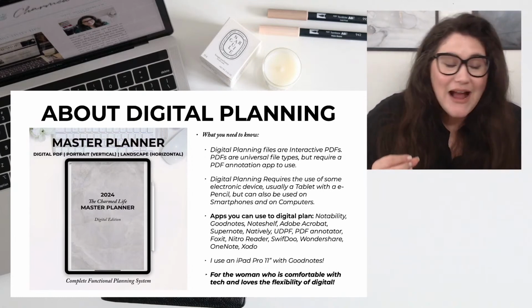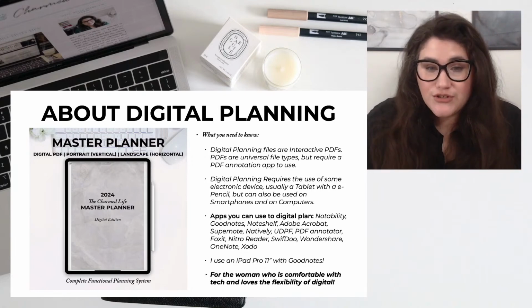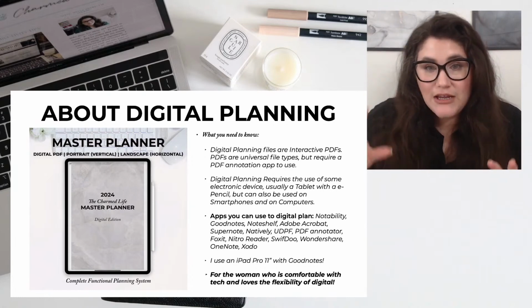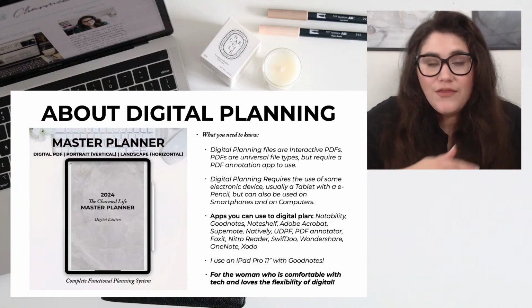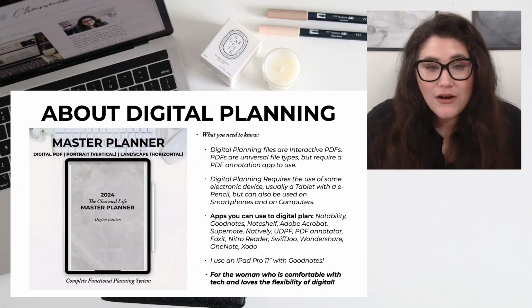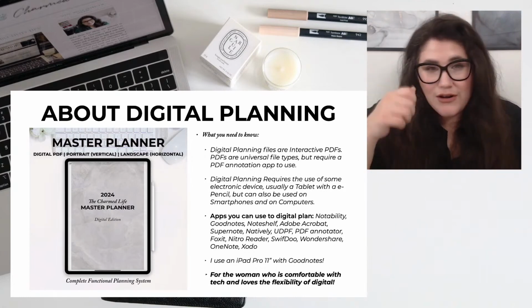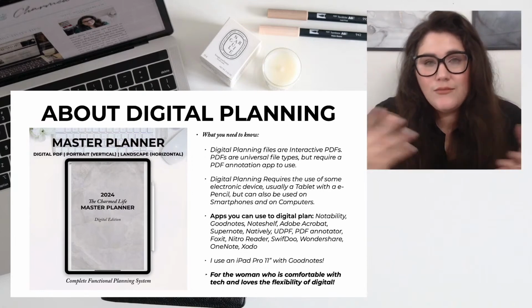So on my iPad, as you saw, I was using GoodNotes. Right, but there are a number of different apps that you can use depending on what your tablet is or whatever computer you're using to do your digital planning. So on that note, digital planning does require the use of some electronic device, usually a tablet, right, with an e-pencil, or electronic pencil, or whatever you call it, a stylus, right?